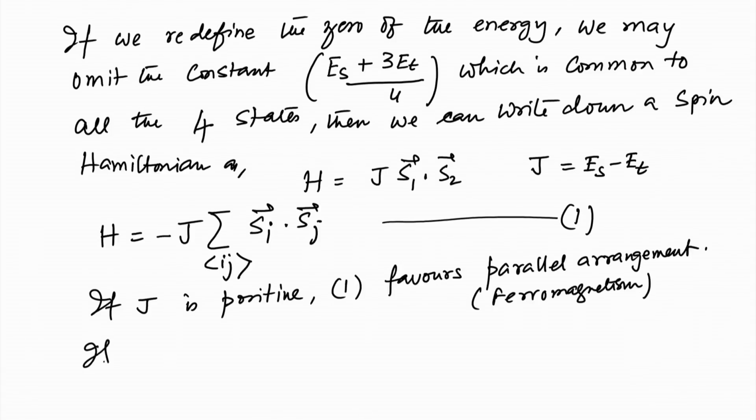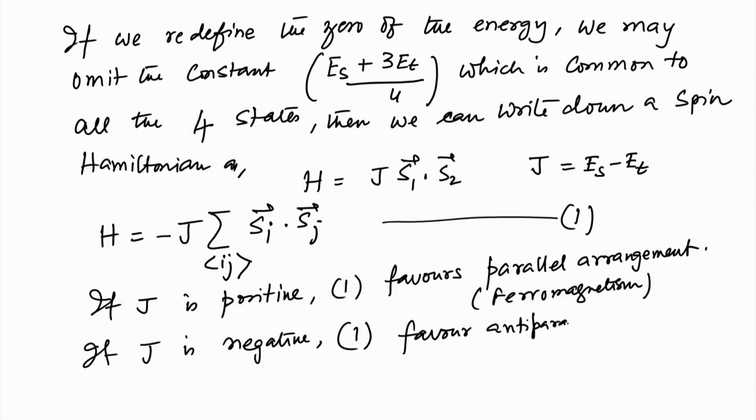And if J is negative, then 1 favors anti-parallel arrangement, and it is antiferromagnetism.